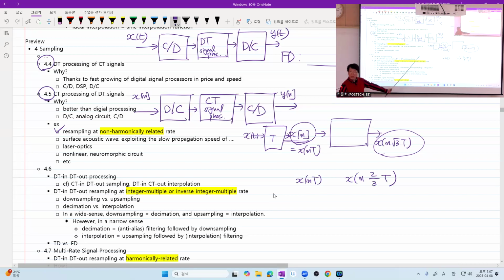Actually, you will learn decimation and interpolation, or upsampling and downsampling. This can be done easily by multi-rate signal processing, not like this one. But if this strange ratio cannot be represented by a rational number, because root 3, square root 3, cannot be a rational number, right?